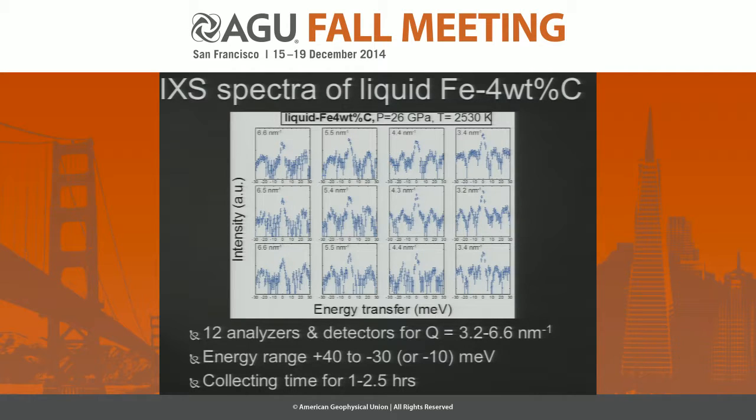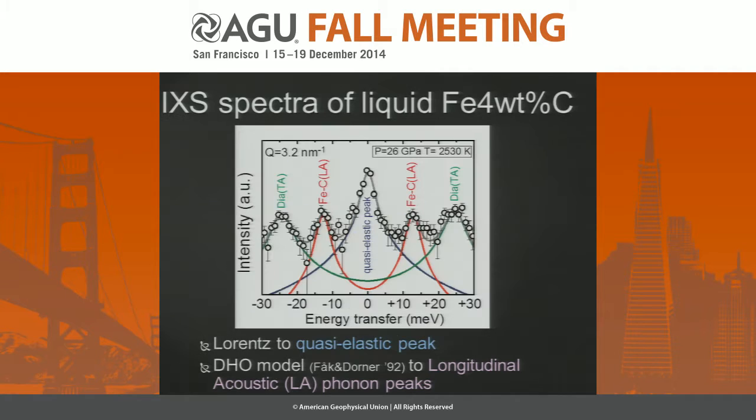In our beamline, we can collect IXS spectra at 12 independent momentum transfers simultaneously. We collected data in the energy range from 40 to minus 30 or minus 10 millielectron volts, and this takes us around 1 to 2.5 hours.